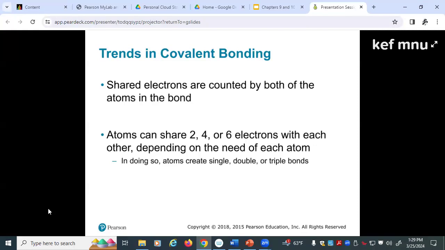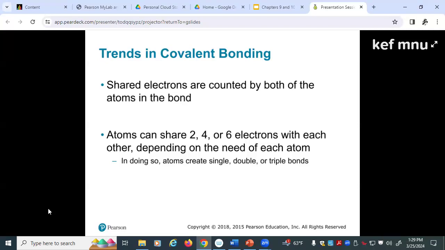The other thing that we want to think about is with covalent bonding, there is a concept of multiple bonds, where it's possible not only to just share 1 electron in each direction, 2 in total, but multiple times. So when 2 electrons are shared in total, we call that a single bond. When 4 electrons are shared, 2 from each atom, we call that a double bond.